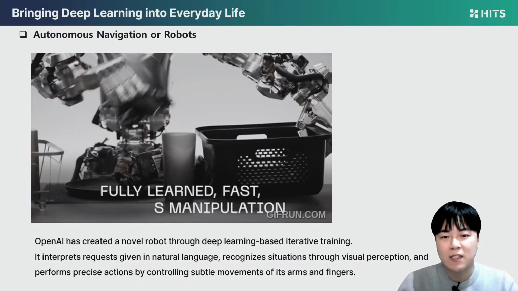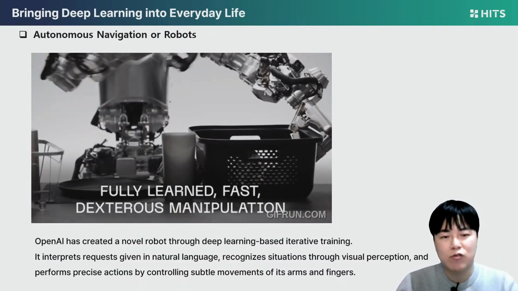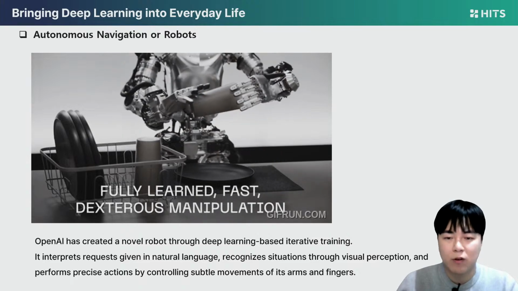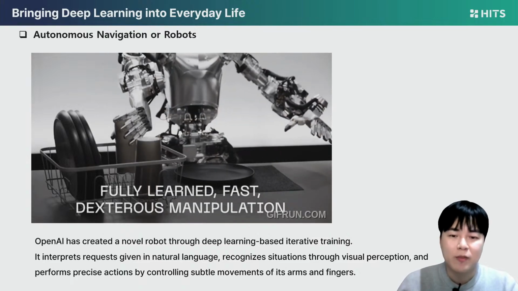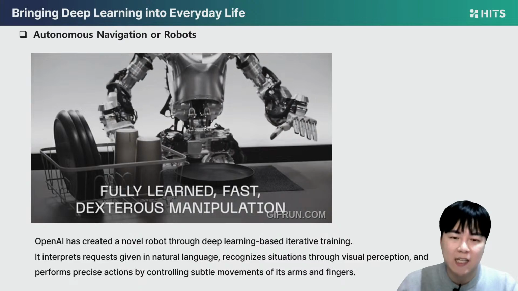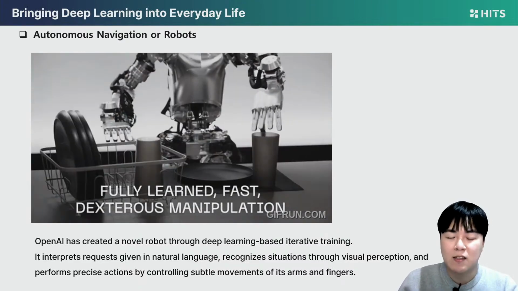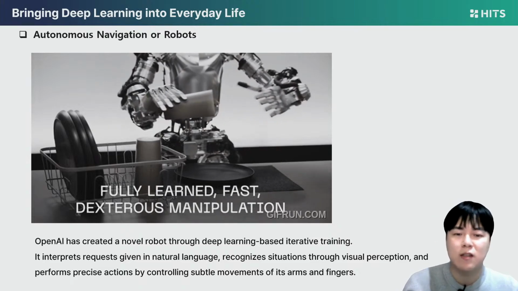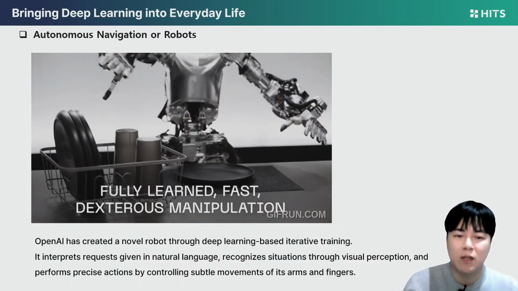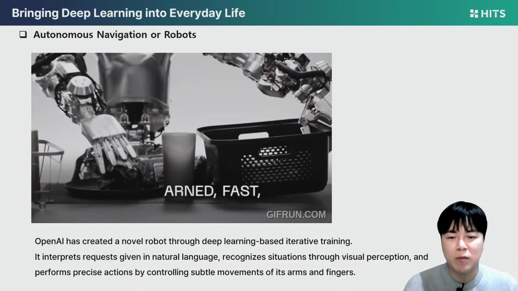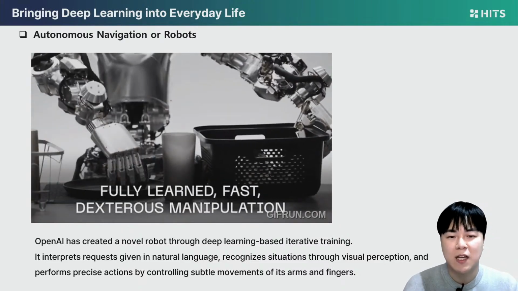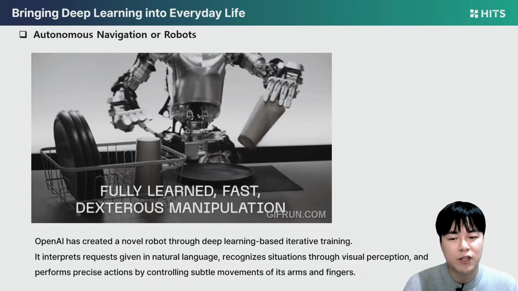When a person says, "I'm hungry, give me an apple," this robot can accurately pick up an apple from the table and deliver it to the human. It can also perform tasks like cleaning up the table when commanded. In the past, it was impossible to command robots to perform such complex tasks. But now through deep learning, we can perform these tasks without complex calculations.